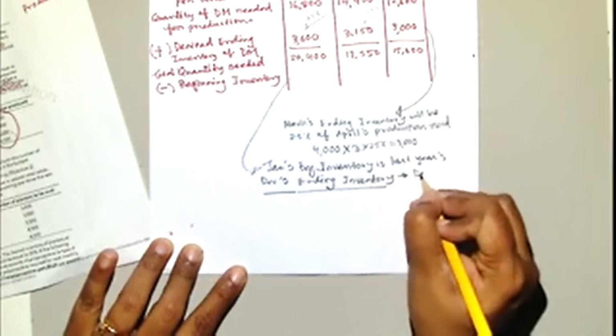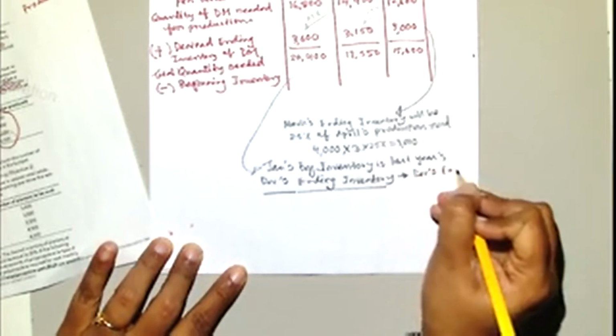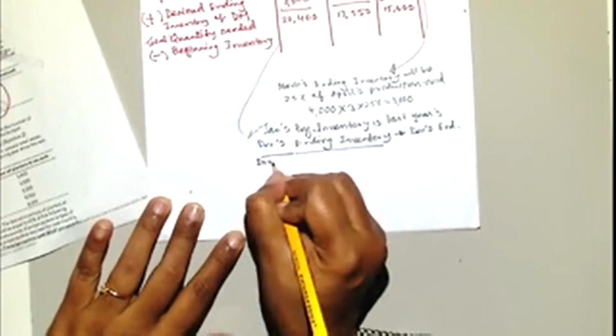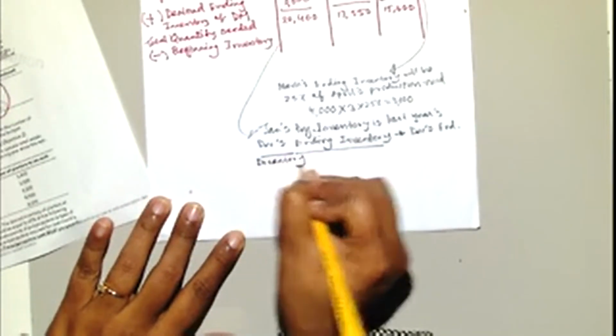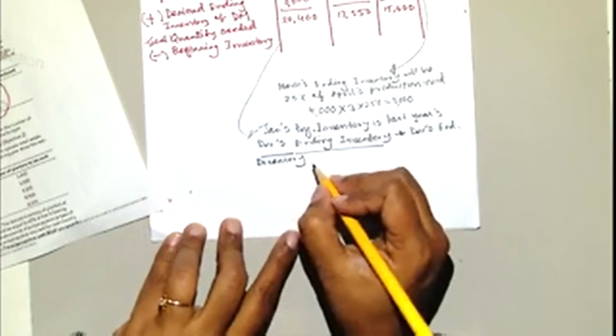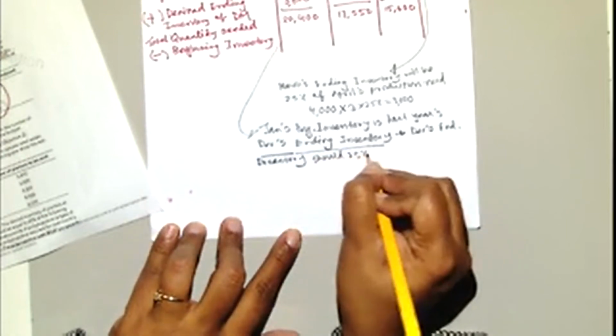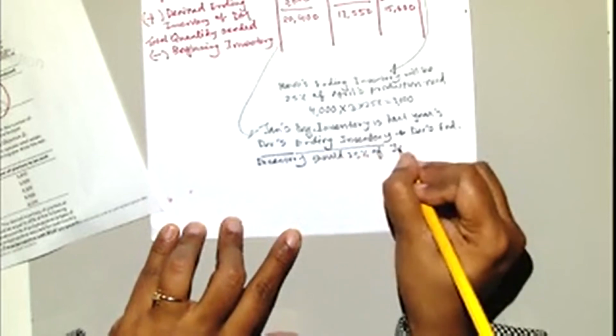That means December's ending inventory should be 25% of January's production needs.